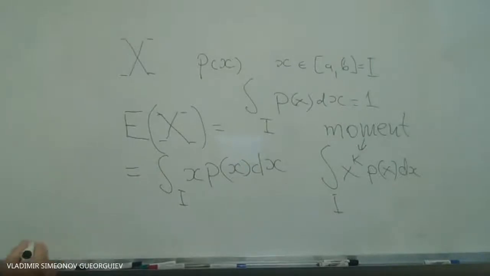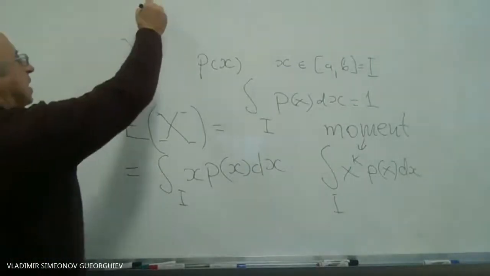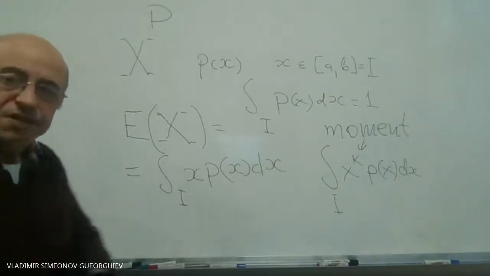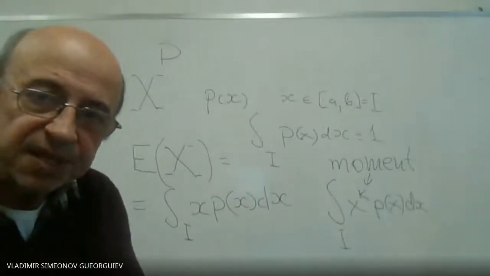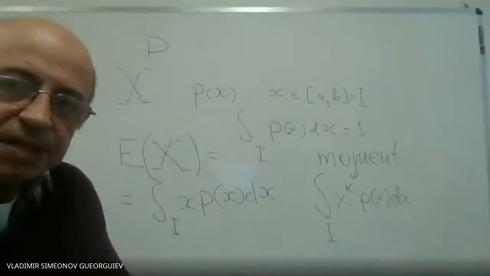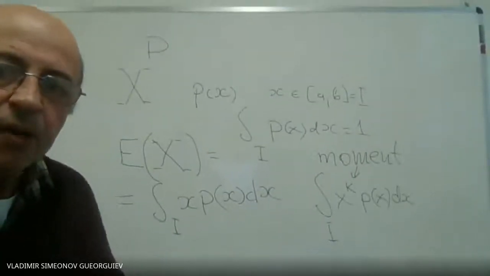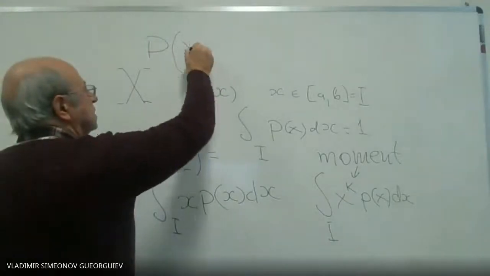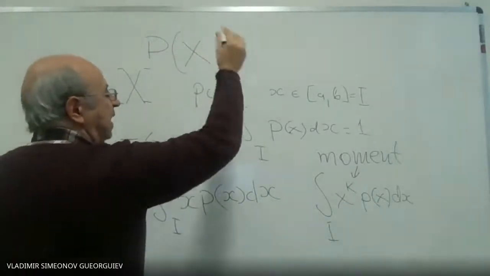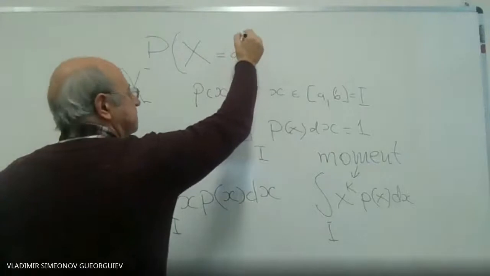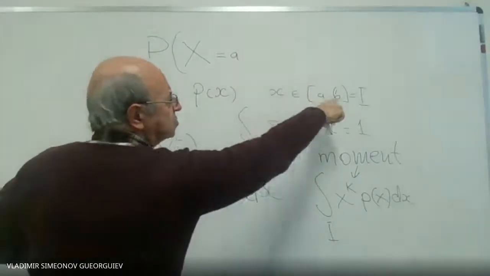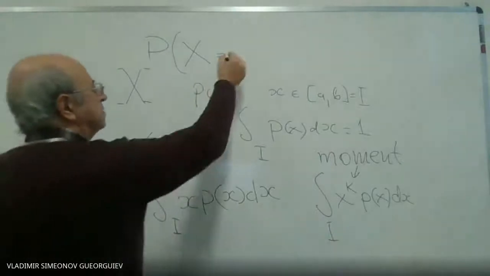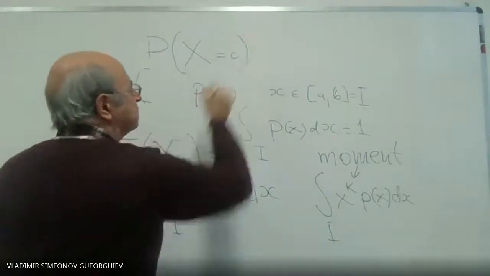For example, when we are asking what is the probability that our random variable has value A? Sorry, I use this A, so I shall put another letter.